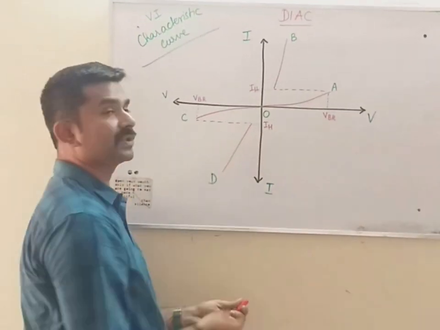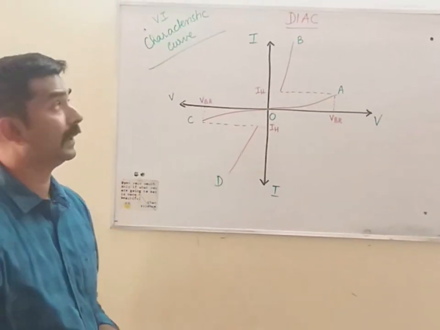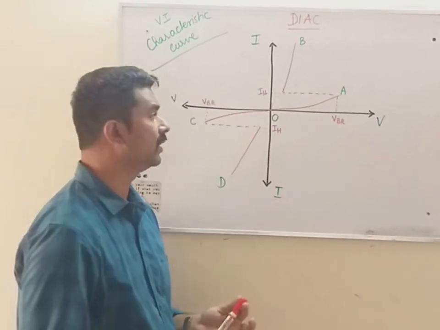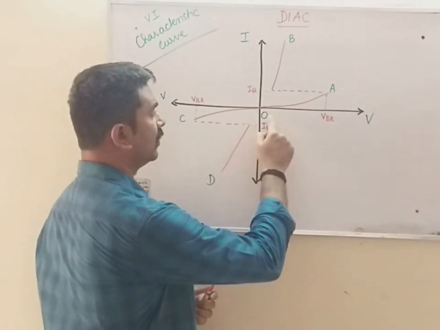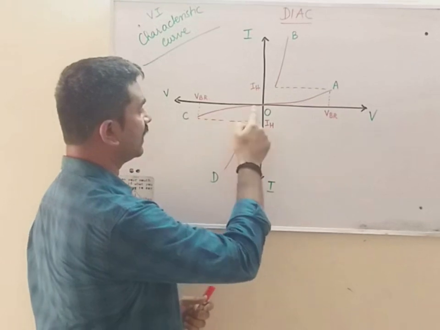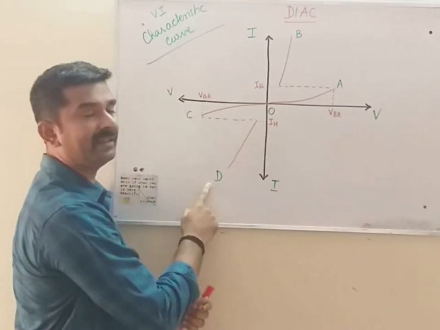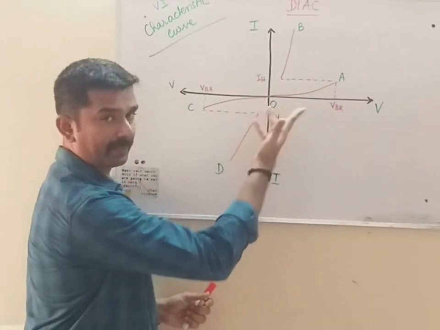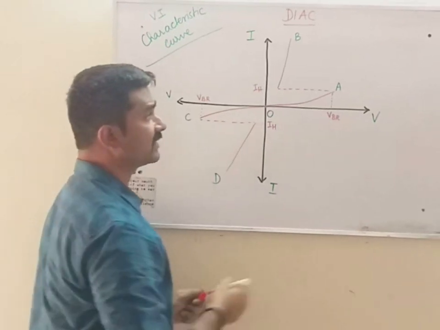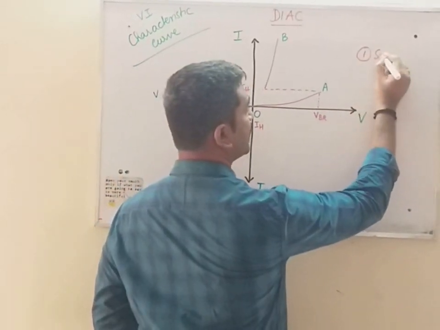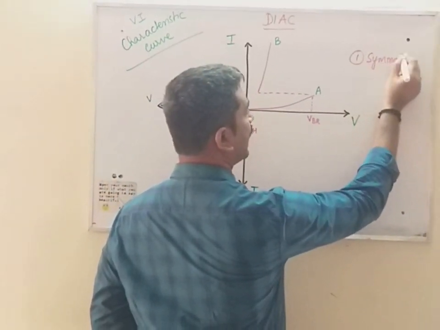So this picture shows the VI characteristics of diac. You could notice from the curve OAB and the curve OCD that they are symmetrical in shape. And so this is the first inference that we can have: symmetrical and identical.